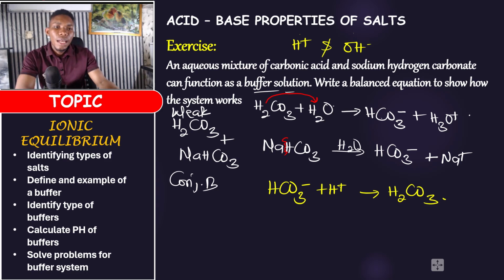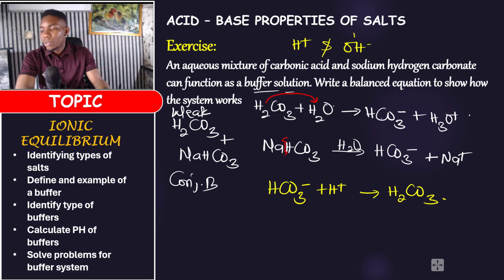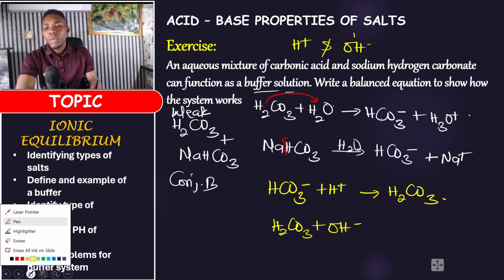So how about if there is a little base added to the solution? This is the base added to the solution. Which component of the buffer will react with that base? The acid component of the buffer. And which of them is the acid component of the buffer? Of course, it's H2CO3. So you have H2CO3 plus OH negative. Now, what do you think we are going to form here?